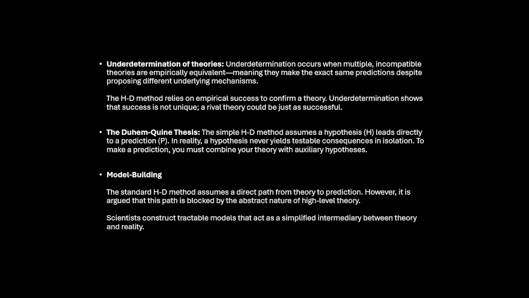But anyways, we are not deducing tests straight from theory. Theory can be too complex for us to do that, so we create tractable models as intermediaries. We can only deduce and test the consequences of the model.